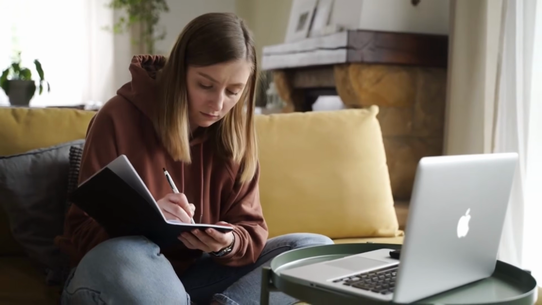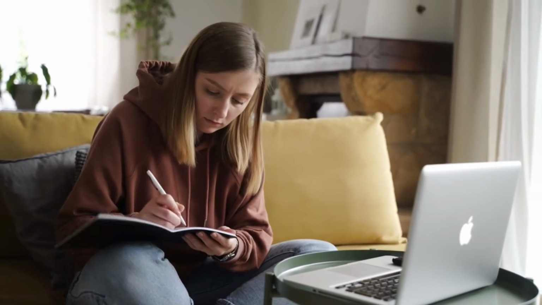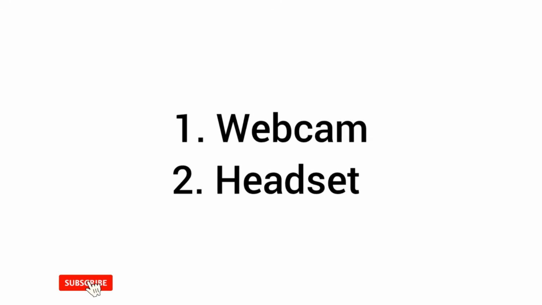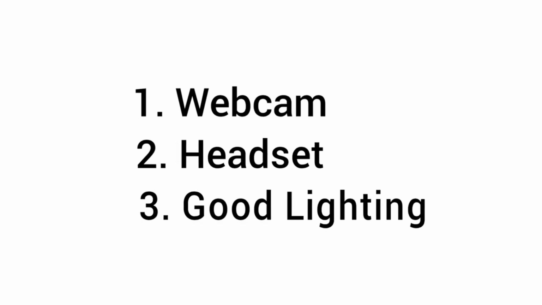The tech checklist you will need to teach with Cambly includes a webcam. You likely don't need to buy this because most laptops have built-in webcams. You will need a headphone with a microphone. Also, most laptops already have microphones. However, to ensure the highest quality audio possible, Cambly expects teachers to utilize inexpensive headphones. You will also need good lighting.